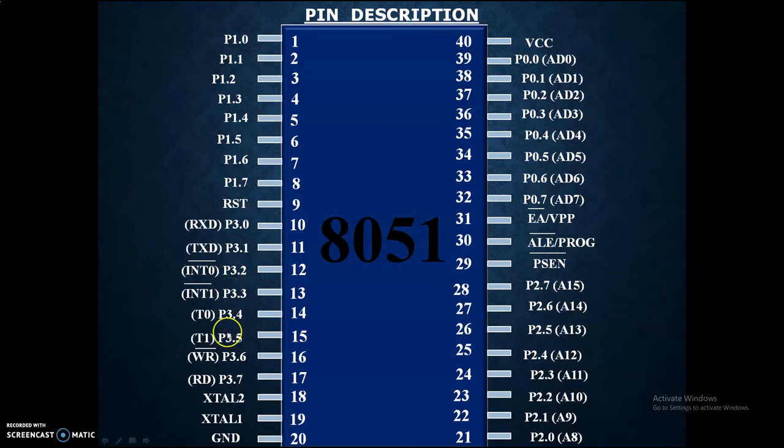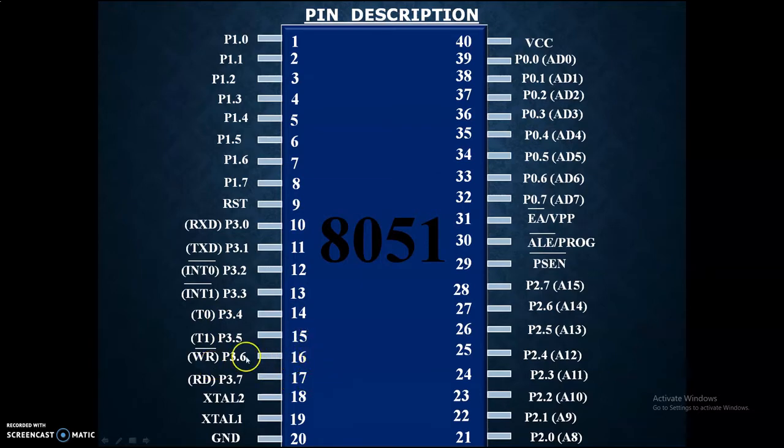Now two timers are there, as we have discussed. Two timers or counters are denoted by pin number 14 and 15, P3.4 and P3.5 respectively. Again, RAM is there, so read and write operations must be there.